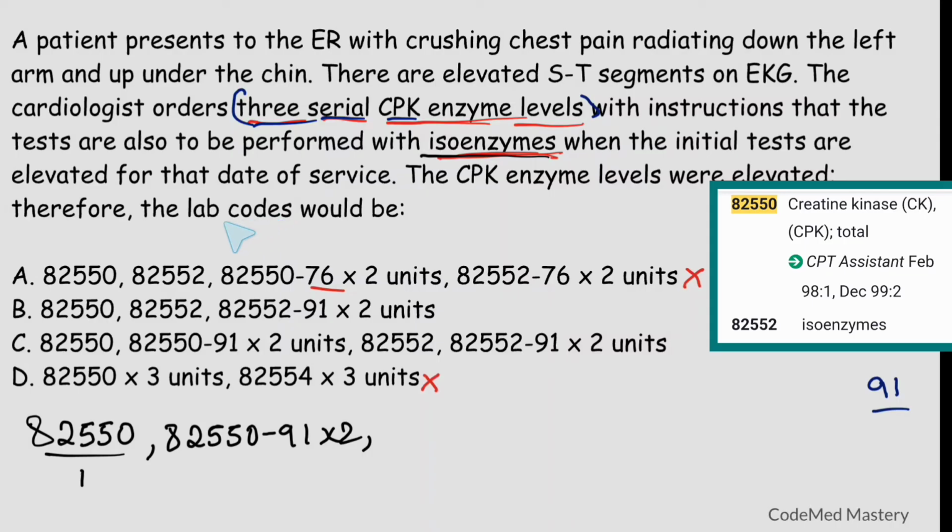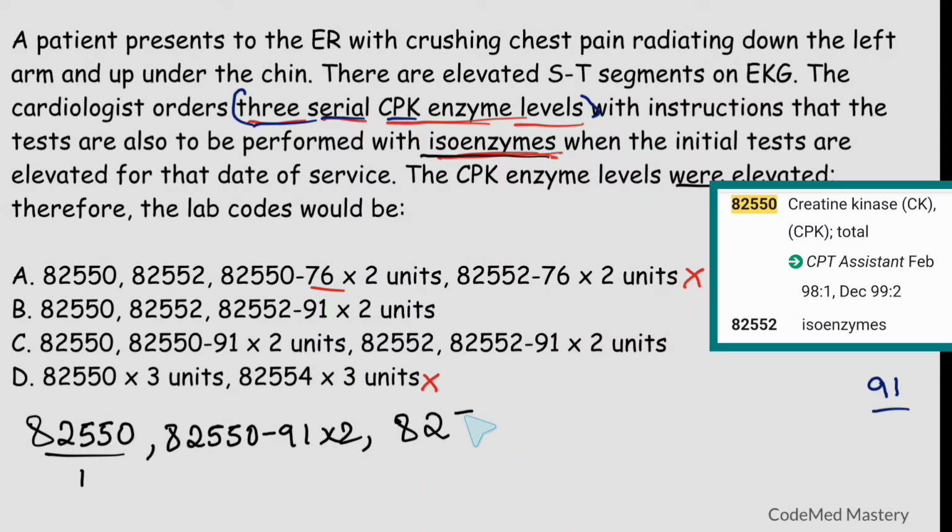In the scenario, the physician orders the test with instruction that the tests are also to be performed with isoenzymes when the initial tests are elevated. And here you can see the CPK enzyme levels were elevated. So they have to test for CPK isoenzymes as well. So here there will be 3 isoenzymes test.